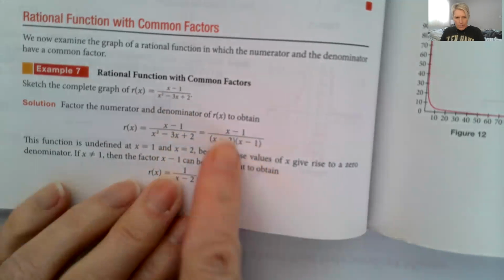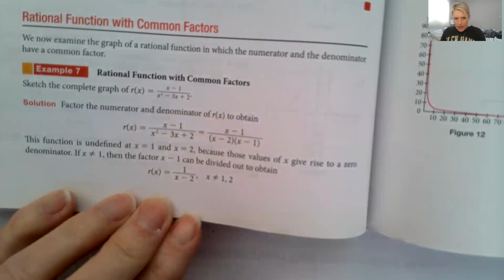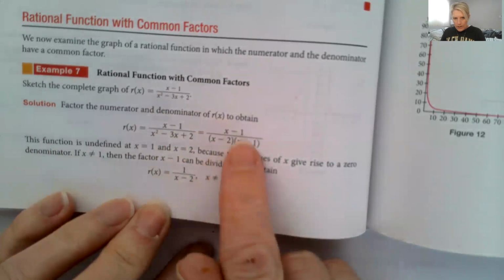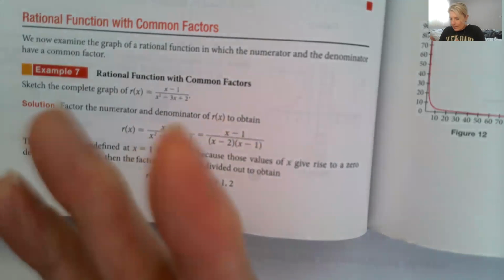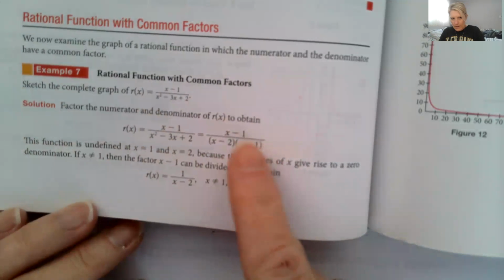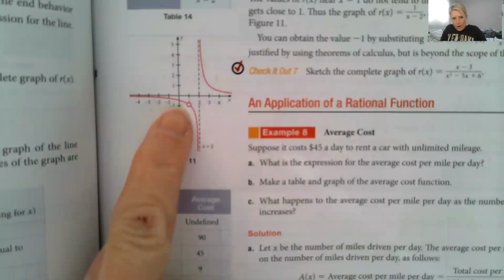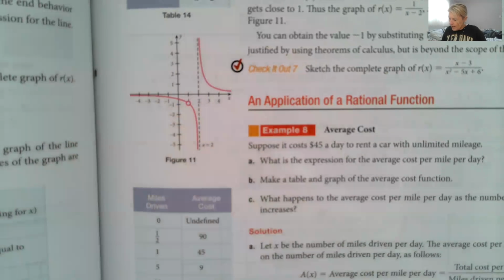When you factor them, you can see that the x minus 1s cancel, and it reduces to 1 over x minus 2. But you have to remember that x equal to 1 is still undefined, because it would cause an issue with the denominator, even though it gets canceled out. That's why in your graph you'll have a circle at that value where it's undefined.